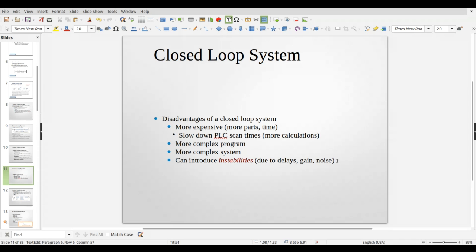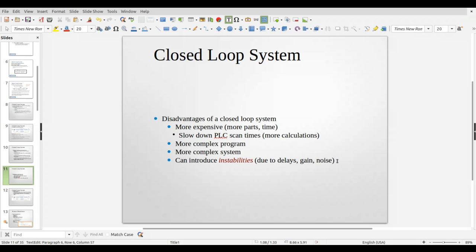It runs through all that code, does its system checks, and then it sends out the output. That's when it's going to send out the new control. Well, there's a delay in there. Now, modern PLCs are pretty fast, but still that delay could be maybe 10 milliseconds or something, depending on the size of your program and other aspects.